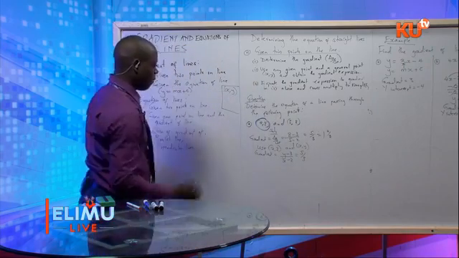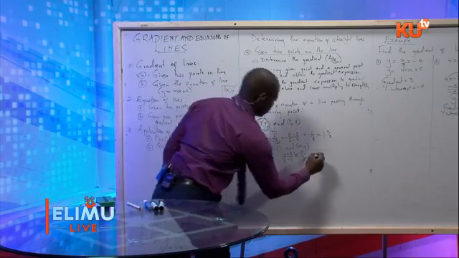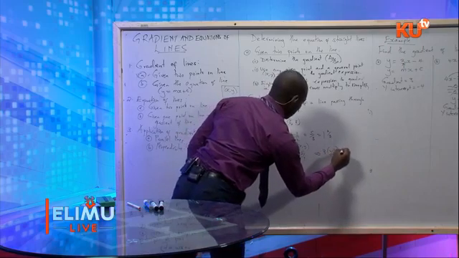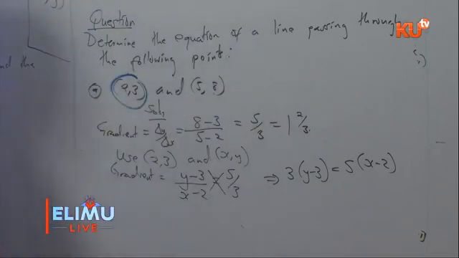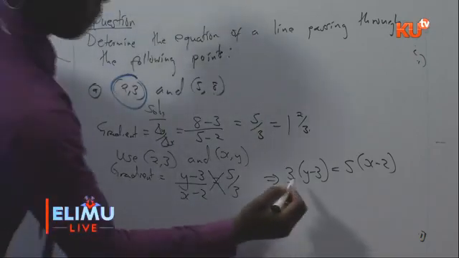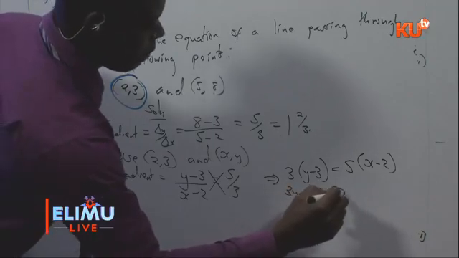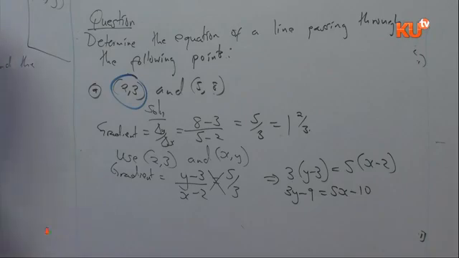So we equate that one to 5 over 3 and do the cross multiplication. So now we have 3 into y less 3 equal to 5 into x less 2. Then we expand to simplify. This is 3y less 9 is 5x less 10. Then collect the like terms.